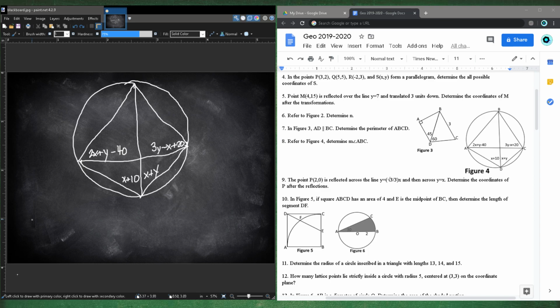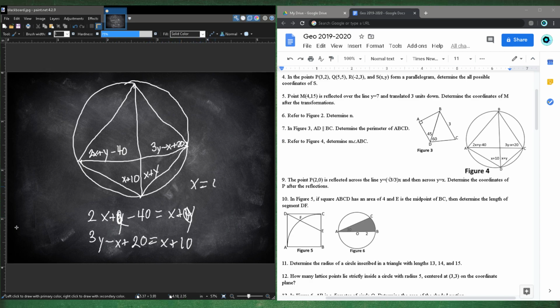So doing just some systems, we have 2x plus y minus 40 is equal to x plus y. And we have 3y minus x plus 20 is equal to x plus 10, right? So the y here cancels out, so we are able to find x. So 2x minus x is x, so x is equal to 40.